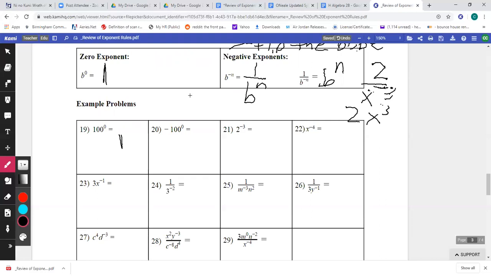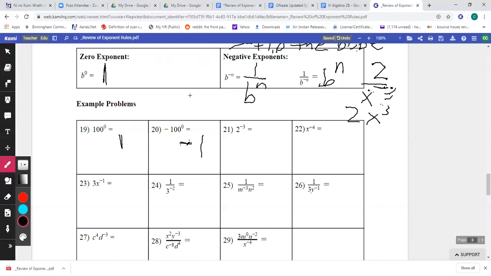So 100 to the 0 is 1, and that negative comes later. So the answer here should be negative 1. Remember how I told many of you this before? PEMDAS. Always do the exponents before you do the multiplication. The negative on the outside is multiplying by a negative 1. So you leave that negative for after.